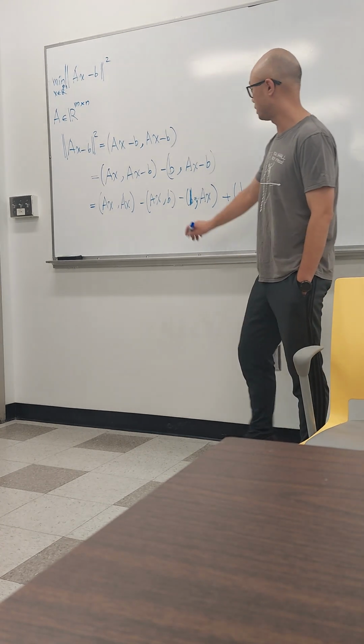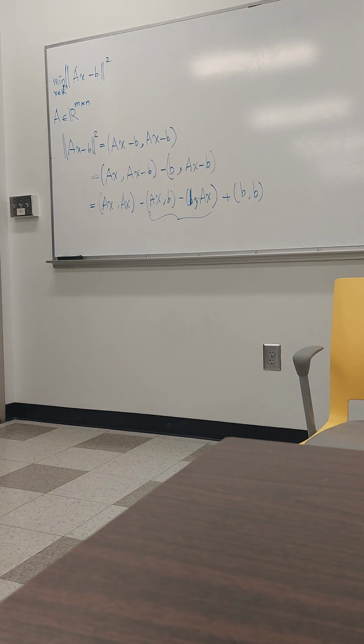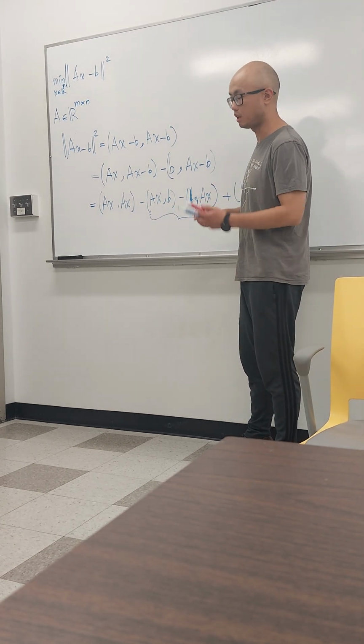And we couldn't help but notice these two are the same thing, because of the commutativity of the inner product. The first inner product with the second is the same as the second inner product with the first.